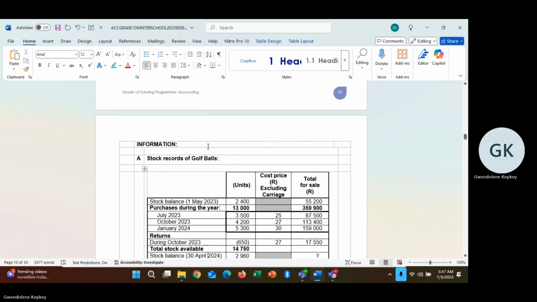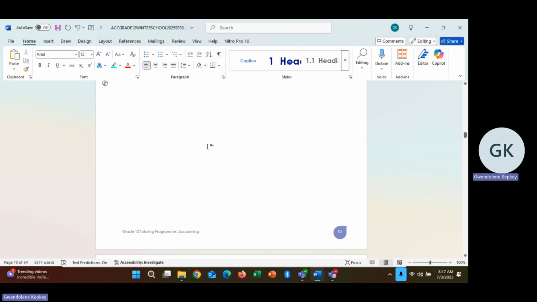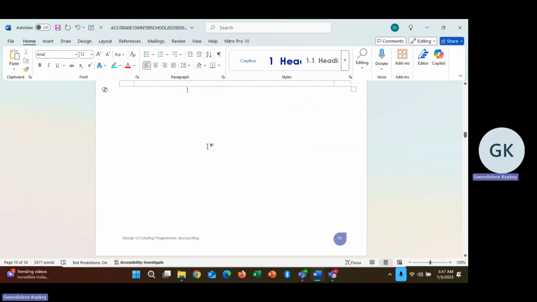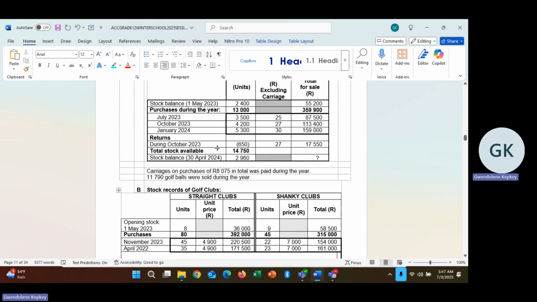Okay. So if I do that, grade 12s, I need to go and find out what information they are giving here. They're speaking of the golf balls. So we're not going to look at that. We are going to look at what is the calculation for the golf clubs. Okay.